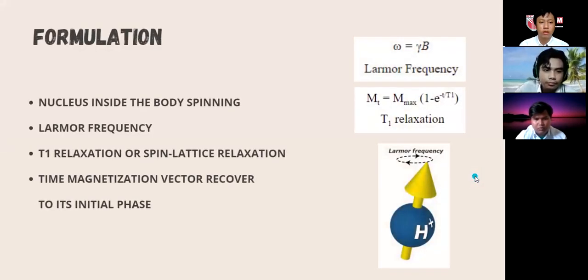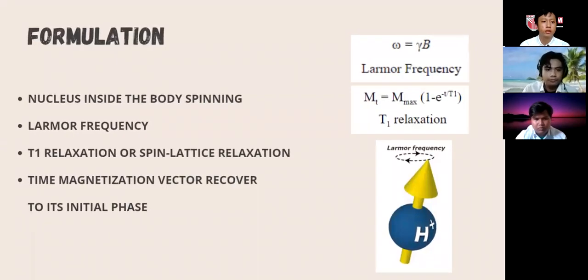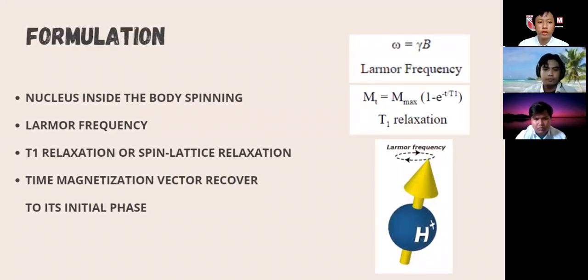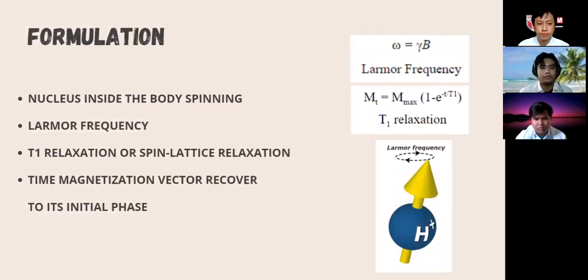Thank you, Farid. For this section, we will talk about the formulation of this project. First of all, after the electromagnetic wave is released to the body, the nuclei and protons inside the body will be spinning. The spin has a certain speed and frequency that can be calculated by the Larmor frequency.